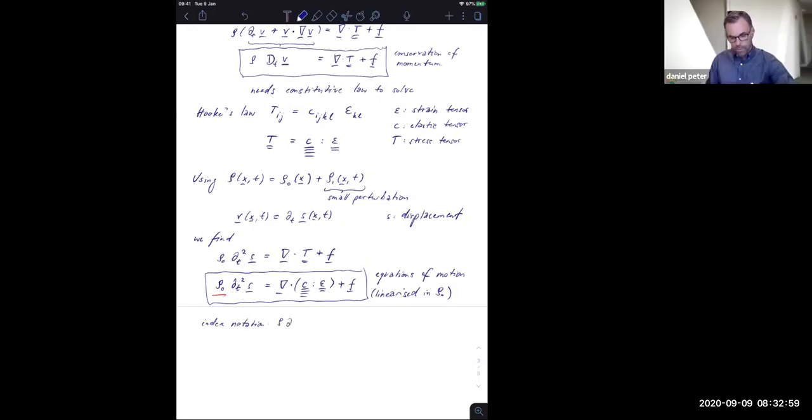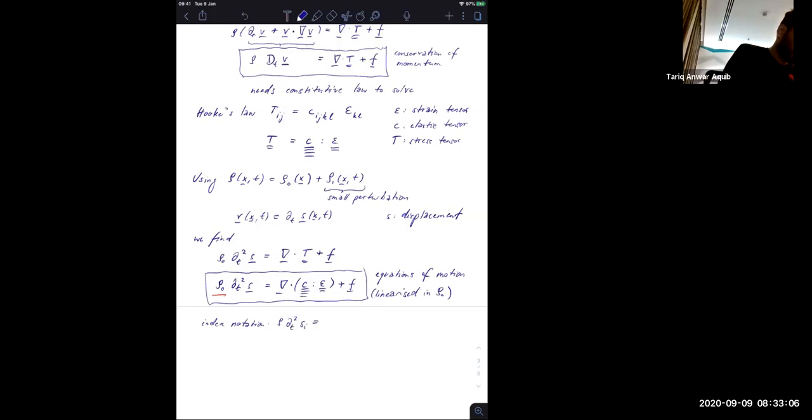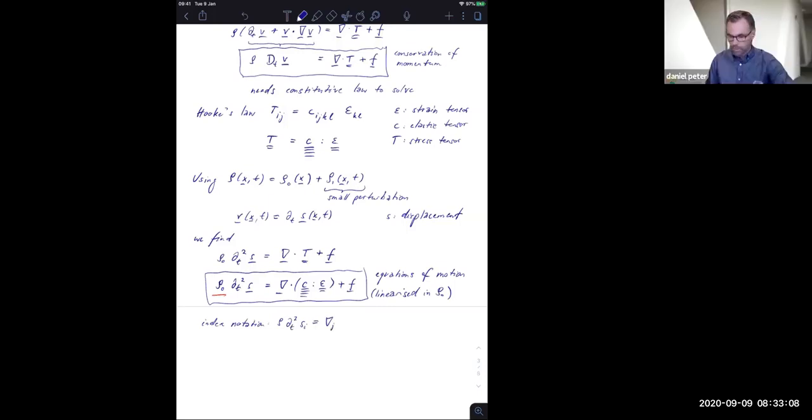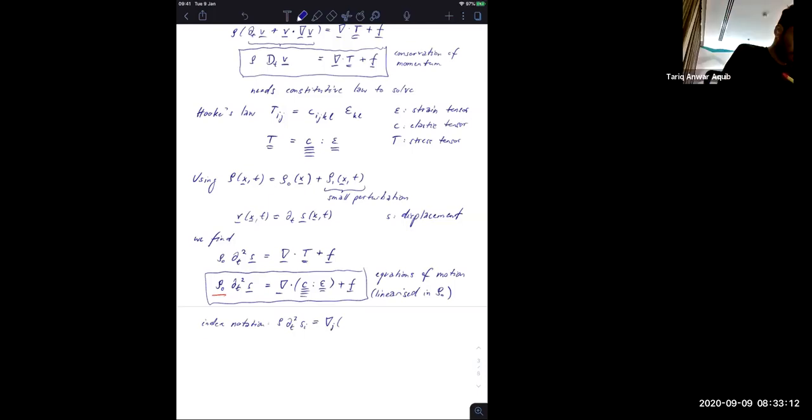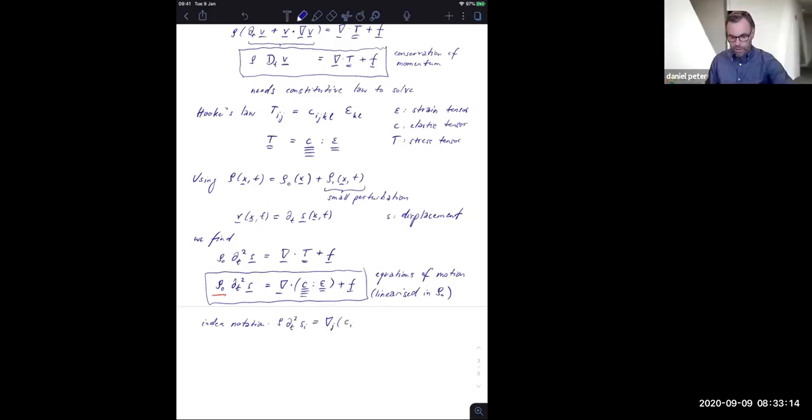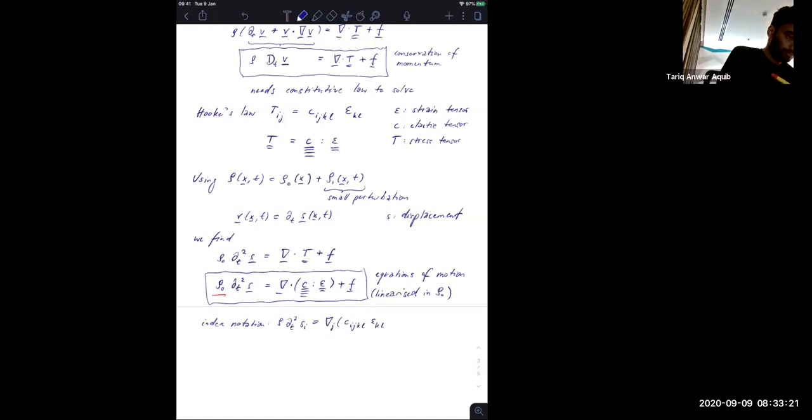We would have rho 0 times the second time derivative of the i component of displacement, which is then nabla j times Cijkl times epsilon kl plus fi.